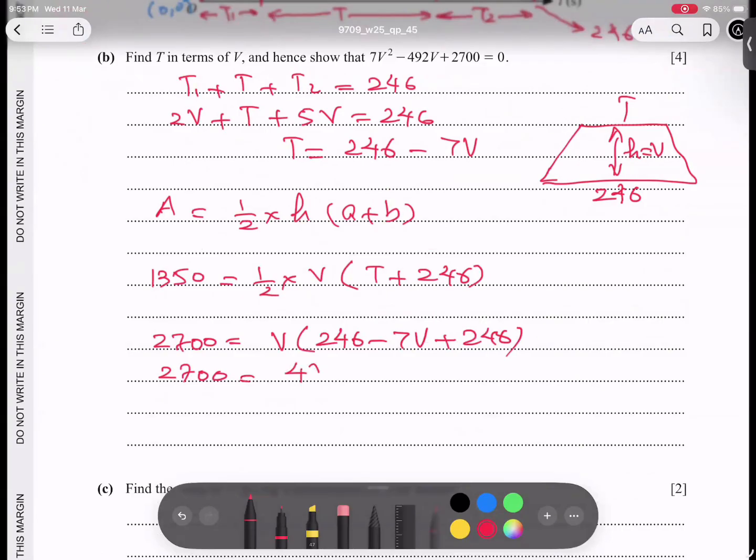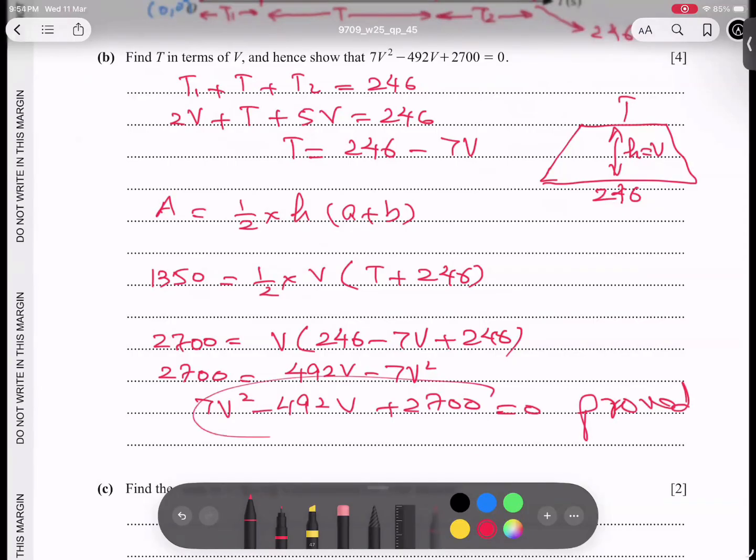So 492V and minus 7V squared. I will bring both values to the left hand side, and 7V squared minus 492V plus 2700 is equal to 0, proved. So we have done it.